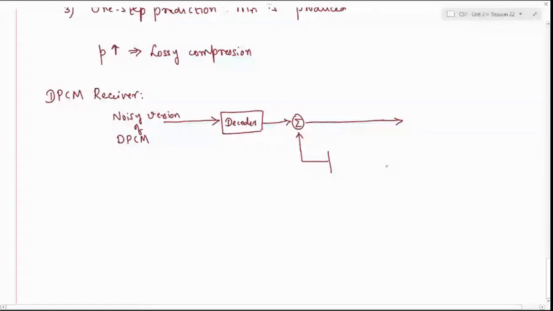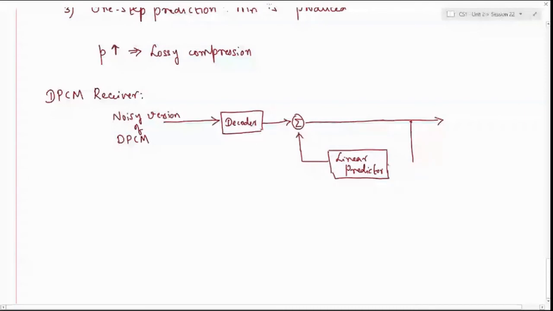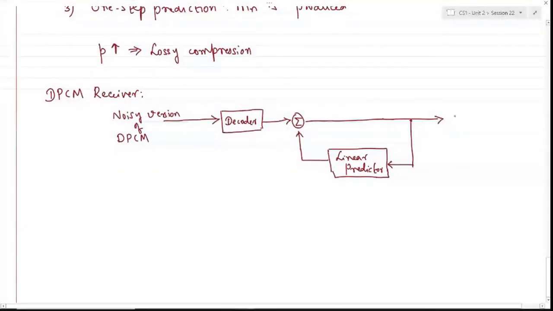Okay, it's possible as long as your prediction is linear. Remember, if it's a highly non-linear process, then definitely you may have a more efficient system, but that doesn't guarantee that you will decode or demodulate the original information back as it is transmitted from the transmitted end.